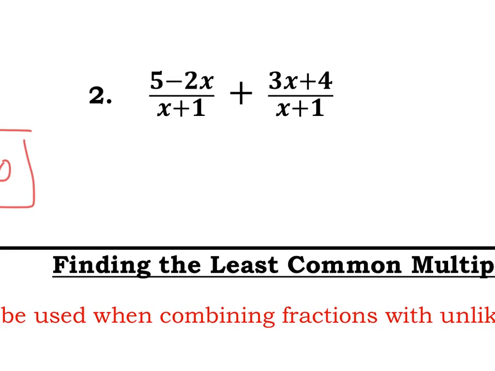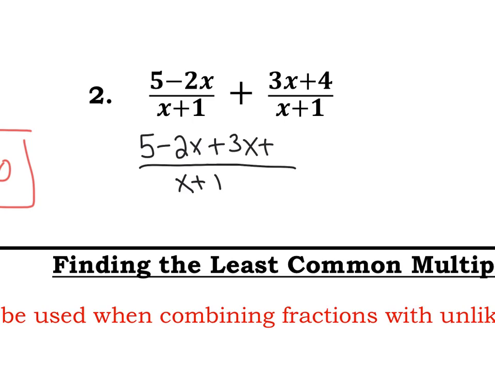So on number 2, my denominators are the same. And if the denominators are the same, then I can rewrite this as 1 fraction. On my numerator, because it's a plus sign, I can actually bring down everything just the way it is.